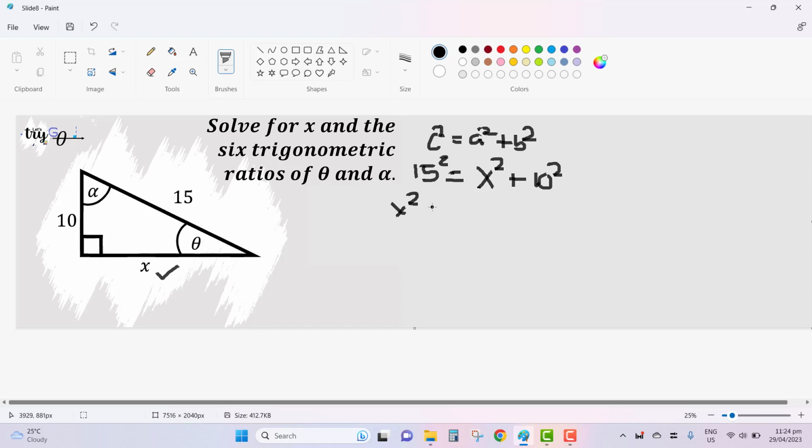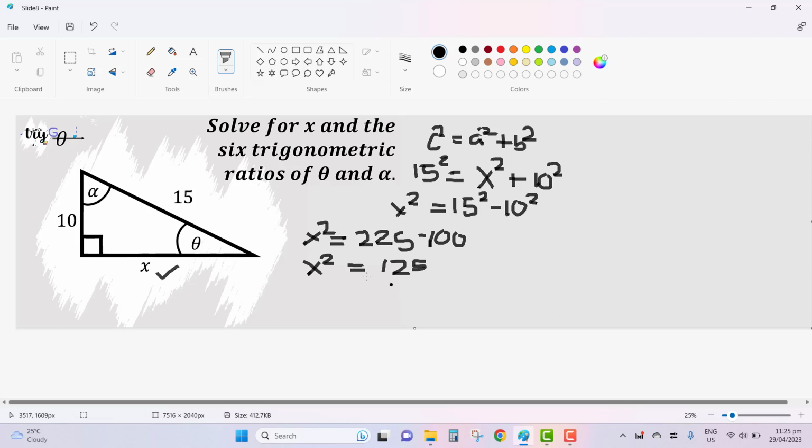Using the symmetric property and properties of equality, X squared is equal to 15 squared minus 10 squared. X squared is now the result when we subtract 225, that's 15 squared, and 100, that's your 10 squared. X squared is now equal to 125.